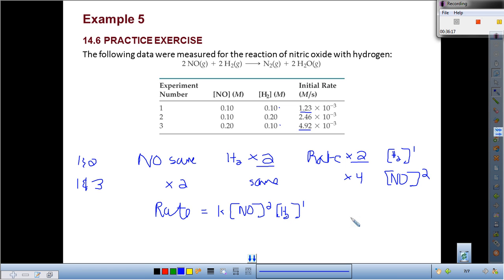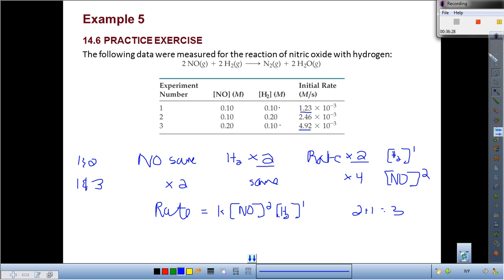What's my overall order of this reaction? Well, the overall order is 2 plus 1, which gives me a 3. So if they ask me about overall order reaction, I could do it.